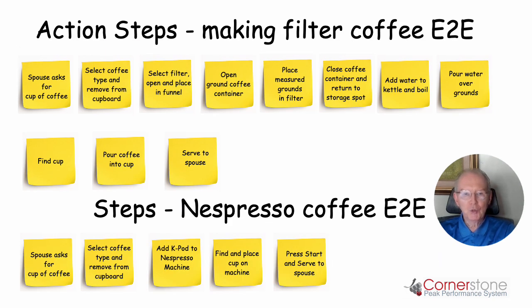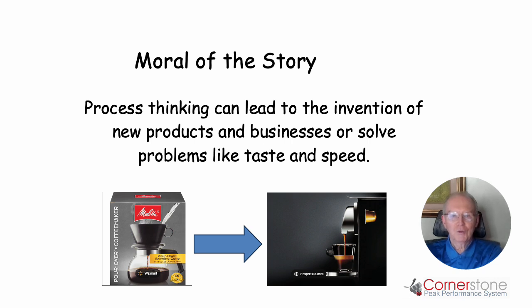So if we map the 2 processes, here they are side by side, with 5 high-level steps in the Nespresso, and 1, 2, 3, 4, 5, 6, 7, 8, 9, 10, 11 steps in the original filter coffee system. So the moral of the story is process thinking can lead to the invention of new products and businesses, or solve problems like taste and speed.